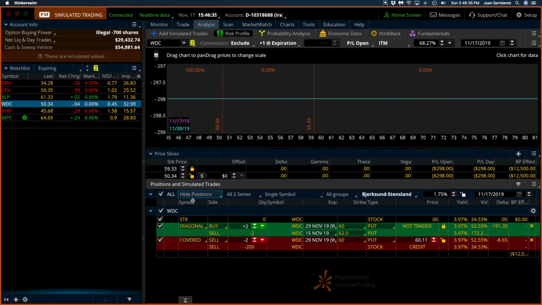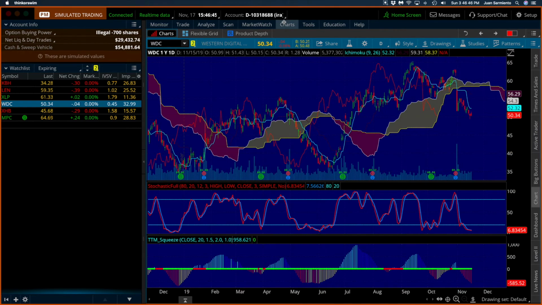Obviously, we got assigned the shares long, so that means let's say that you are a stock trader and you think that the stock could go up from here. You can hold the shares if you wish.